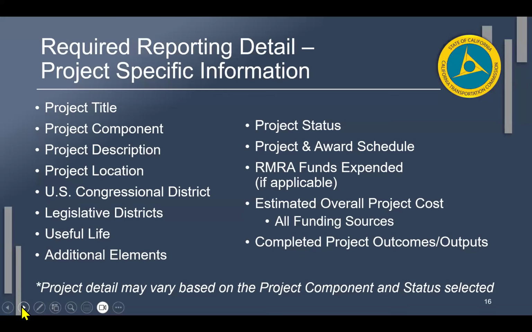This is something I would recommend, especially for those of you with a large number of projects and those who have multiple people helping with this report, that you create or utilize internally a project ID for that project. Sometimes what we see is our jurisdictions will provide a project title to us, put it in the system, and then it's not the same way it's referred to in-house.